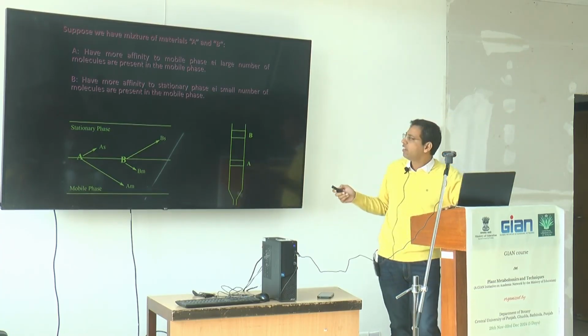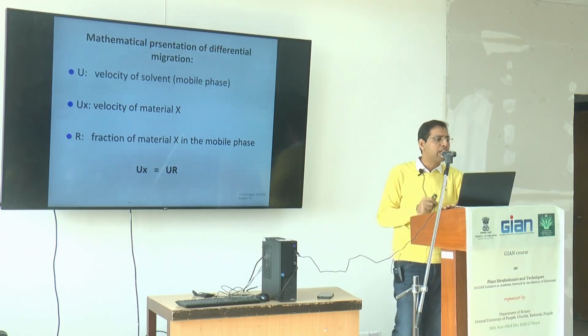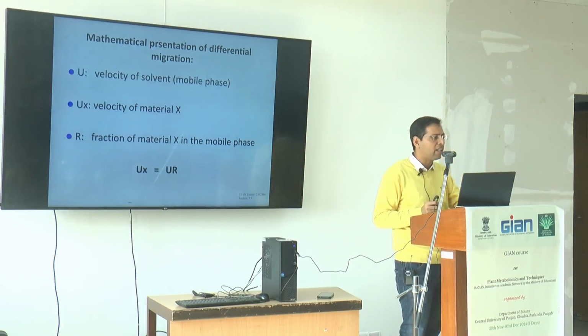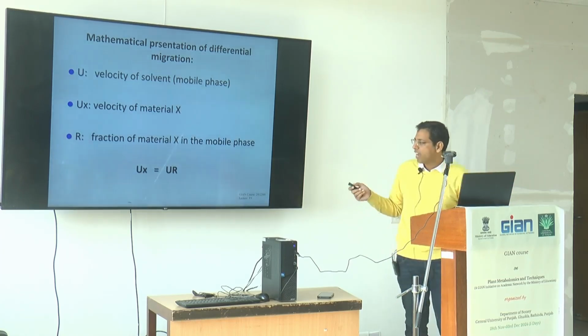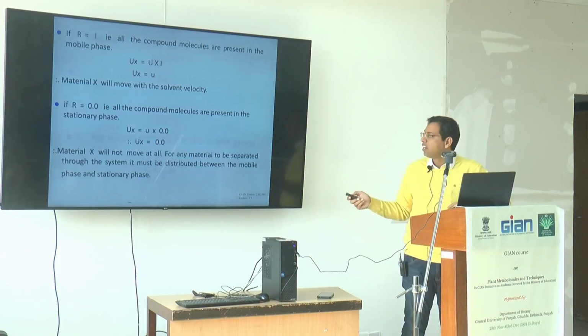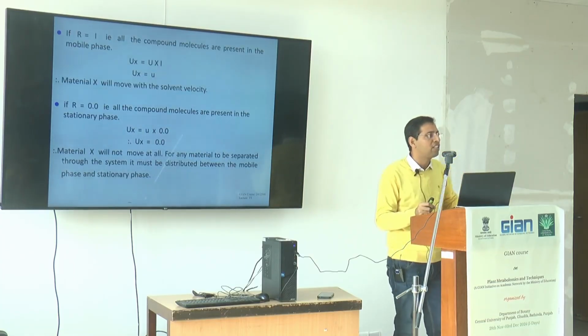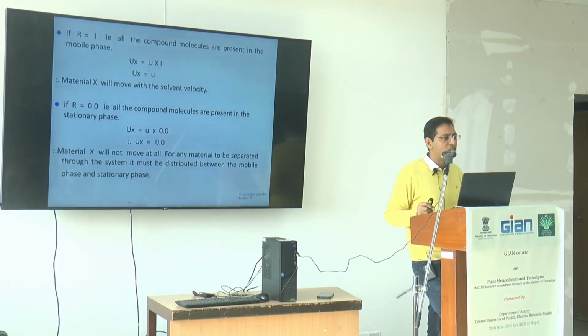This is something we can understand by using a mathematical equation. In this equation, Ux is the velocity of the material, and R is the fraction of the material which is present in the mobile phase. So we use Ux equal to U times R, where the R value is between 1 and 0. If the R value is 1, all the molecules come along with the mobile phase.